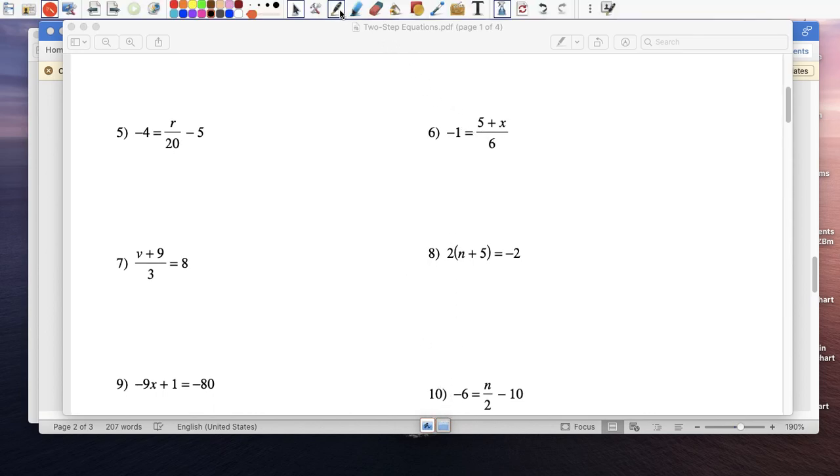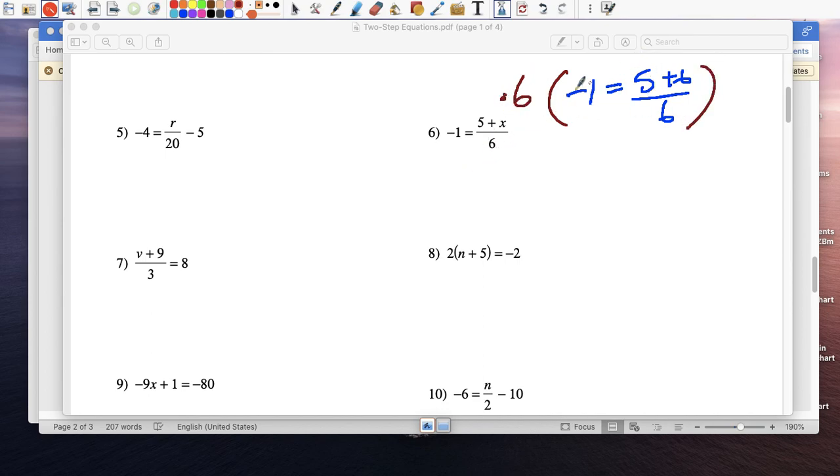Here. Oh, something that you haven't seen, but let me write this a little bit better. So negative 1 equals 5 plus x over 6. Now, in that previous example, the big long one that I did, we said we can get rid of the fractions. How do I get rid of the fractions? We're going to multiply everybody by 6, right?